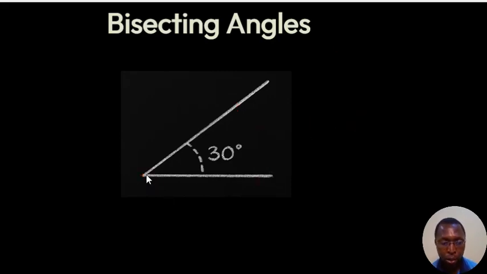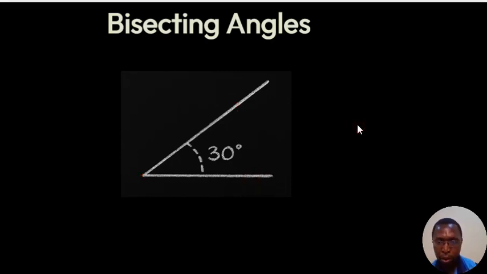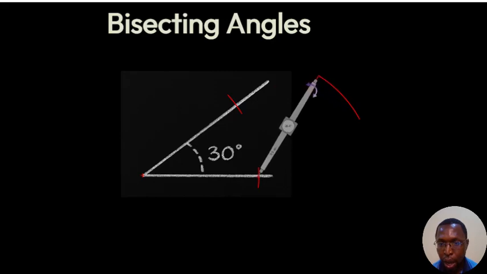So I'll come and make another arc here. So we are trying to get the intersection of this. So now I'll make an arc here. Okay, we'll make an arc here.